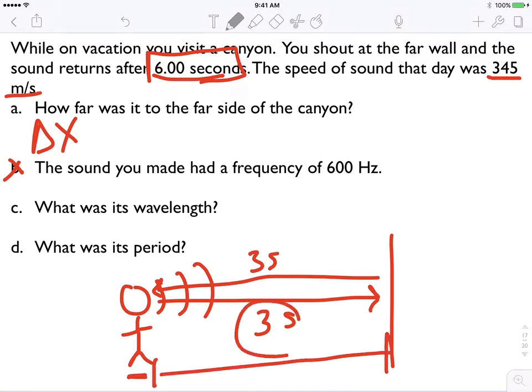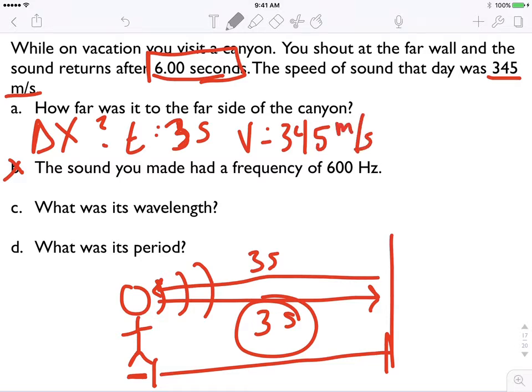So we're going to use the time of 3 seconds. We're solving for delta x. We know t, it's 3 seconds, and we know velocity, it's 345 meters per second. If we use our v is equal to delta x over t equation, we can rearrange that to delta x is equal to velocity times time.